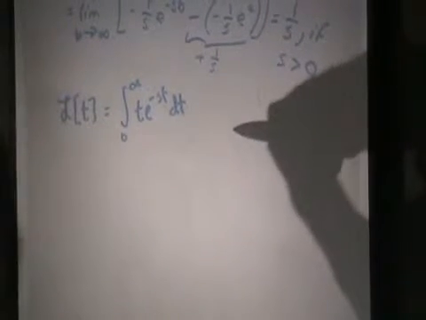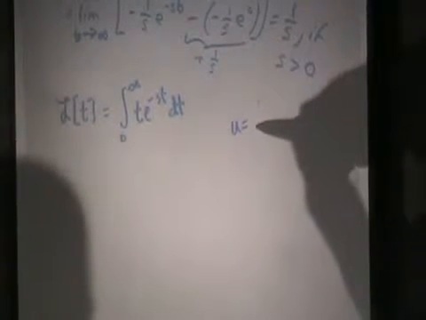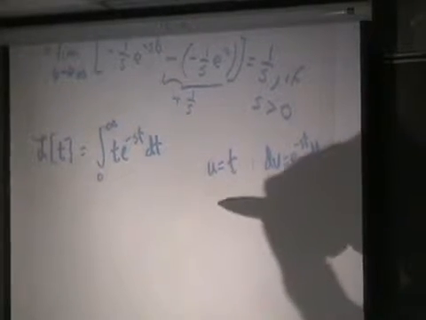Oh, and to do that integral, we need to use the dreaded integration by parts. Not really a u substitution, but integration by parts. We want to let u equal t and dv equal e to the negative st dt. Or if you use the Hughes-Hallett book here on Bethel's campus, they would just call that v prime equals e to the negative st. But I'm used to calling it dv equals e to the negative st dt.